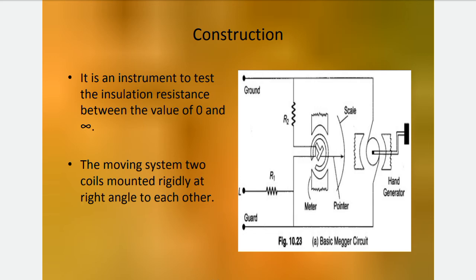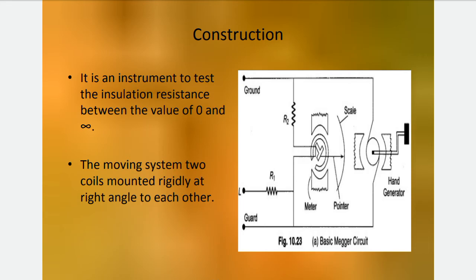When the terminals, line L and guard G, are open circuited, nothing is connected across L and G, so no current flows in the coil. The potential coil alone controls the movement and takes a position opposite the gap.